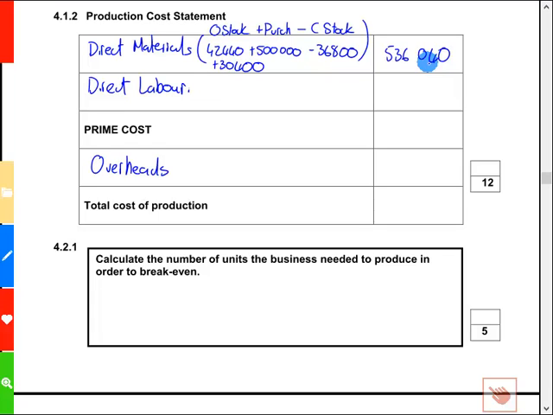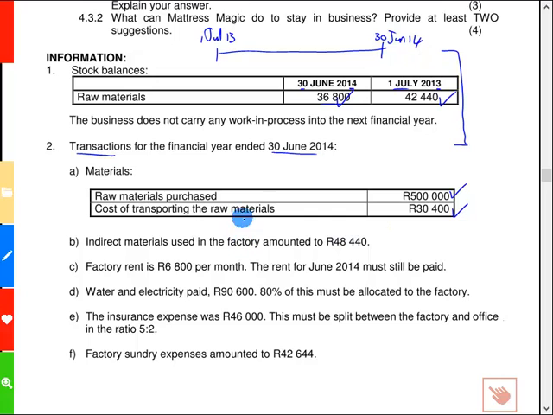Right, let's go on to the next piece of information that we get. Let's just take it systematically. So we're done with number 1, we're done with 2A, let's go to 2B. Indirect materials used in the factory amounted to 48,440. So where are we going to record this?